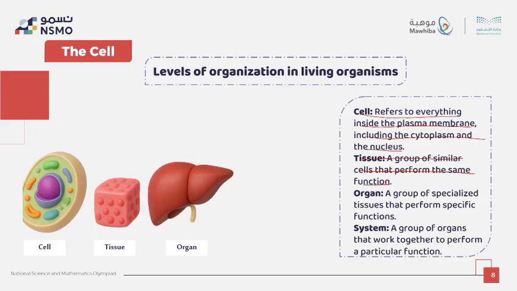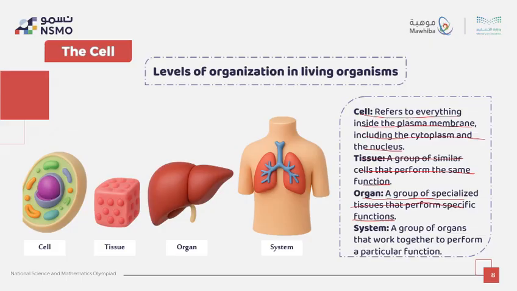The third one, organ: a group of specialized tissues that perform a specific function. And the last one is a system: a group of organs that work together to perform a particular function. So these are what we call the levels of organization in living organisms.